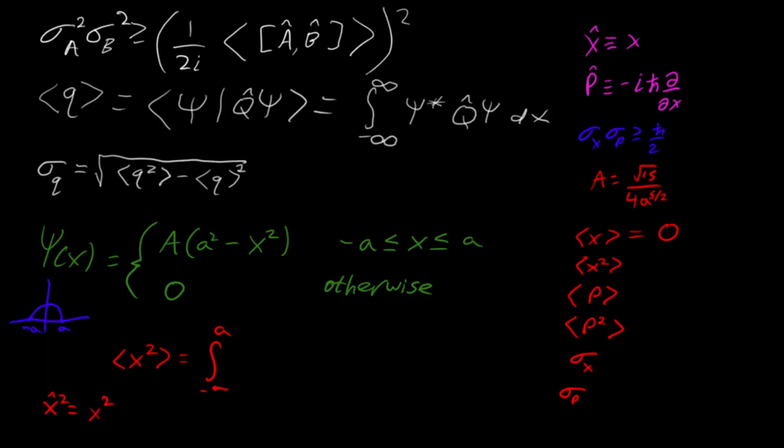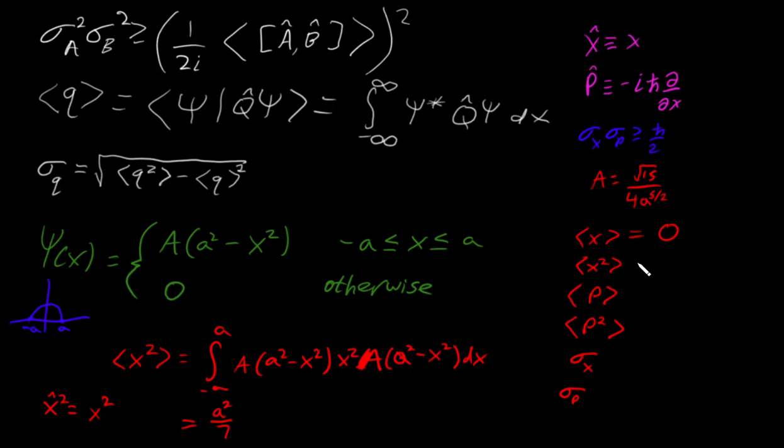So using that, this is a times a squared minus x squared, x squared. Oh, and I think I forgot the a on the last one, but it doesn't matter because that integral will still be 0. But on this one, the a's will actually matter because the integral is not just 0. So a times a squared minus x squared dx. And if you do the integral and use our value of a that keeps this thing normalized, you will find that this is equal to a squared over 7.